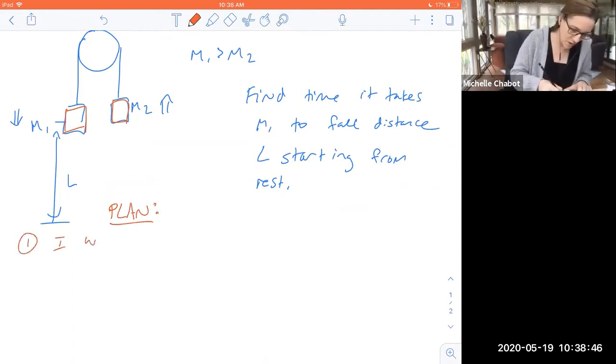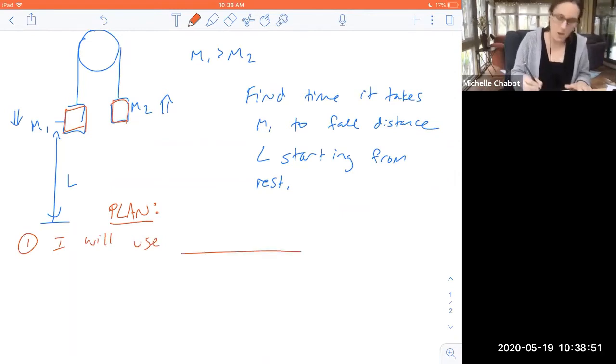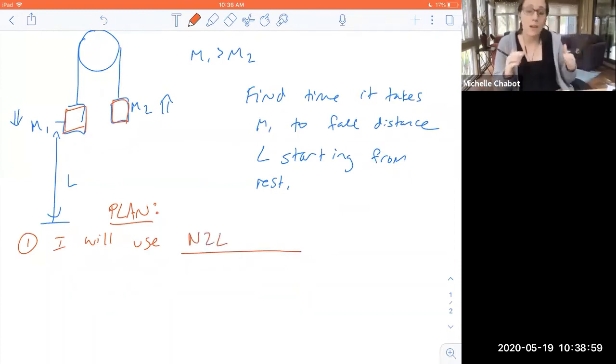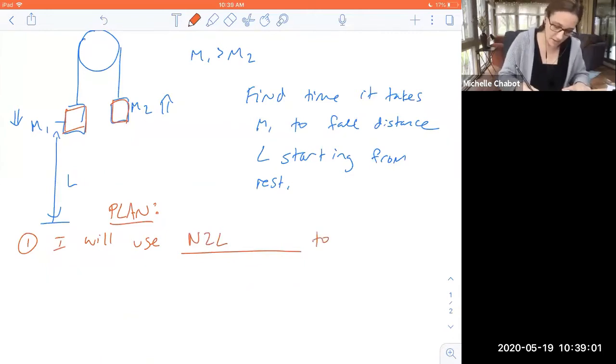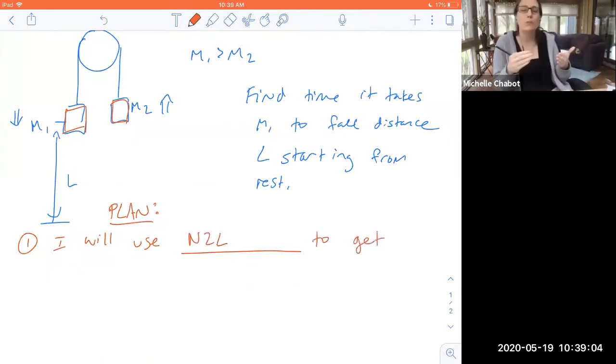Step one, we'll use, and then we put in our problem-solving concept, whatever that is. We identified this as Newton's second law. So you're going to use Newton's second law, and then to get, what are you going to do with it? What's the goal of that step?